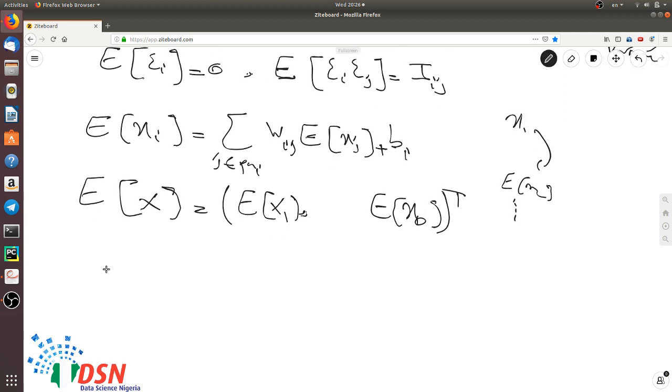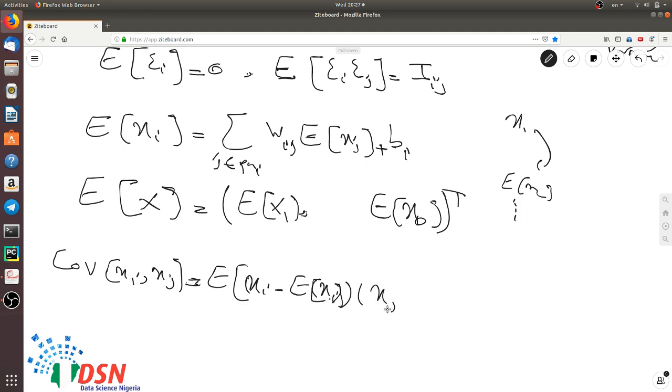And for covariance, similarly we could do the same thing. The covariance of xi and xj is the expected value of xi minus expected value of xi, times xj minus expected value of xj.